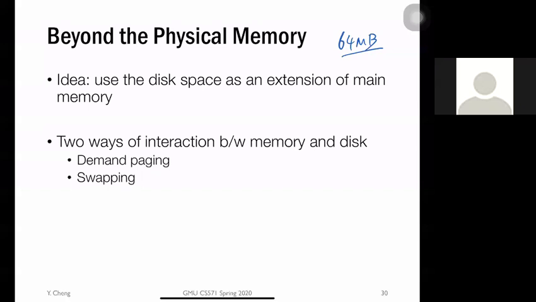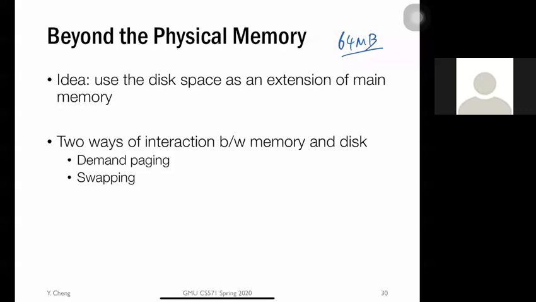That is why old operating systems like Windows 95 and Windows 98 were extremely slow: for memory-intensive applications, the operating system just keeps doing I/Os, swapping in and swapping out, so that the application just freezes there unpredictably.